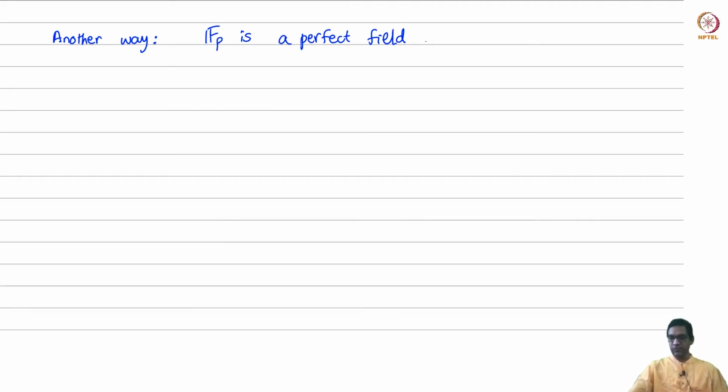Therefore, any irreducible polynomial is automatically separable. This was what perfectness allowed us to conclude. This implies every irreducible polynomial in Fp of x is automatically separable.